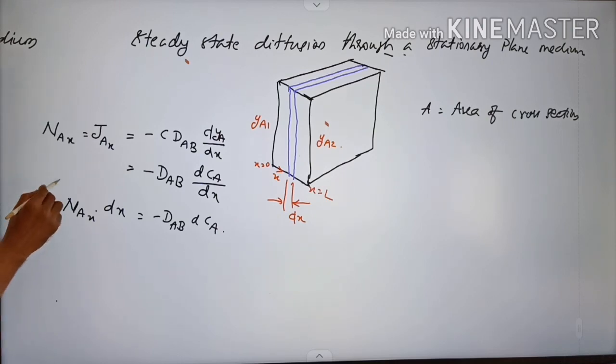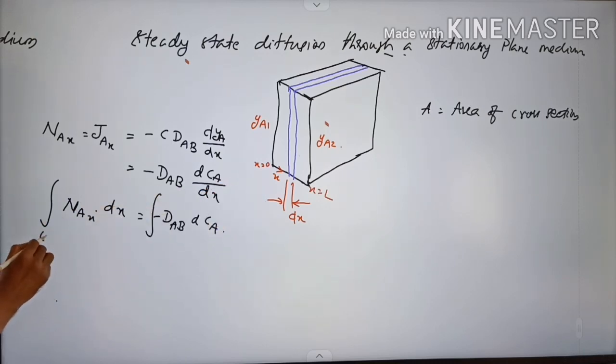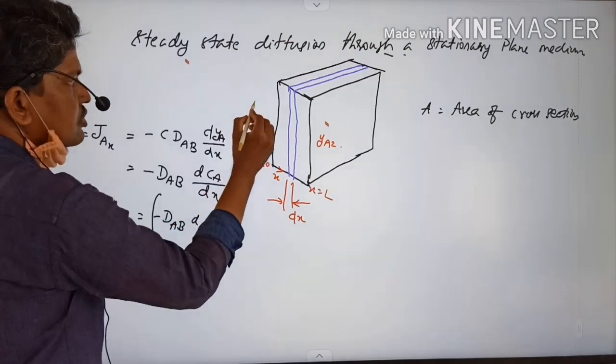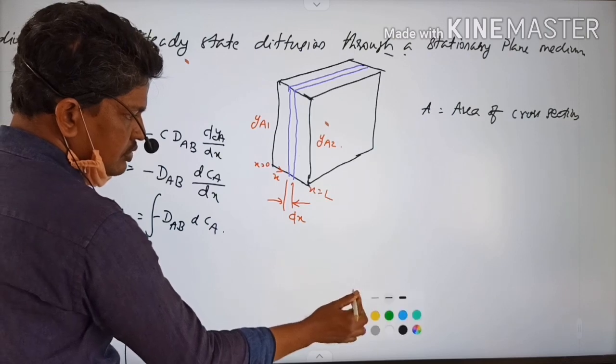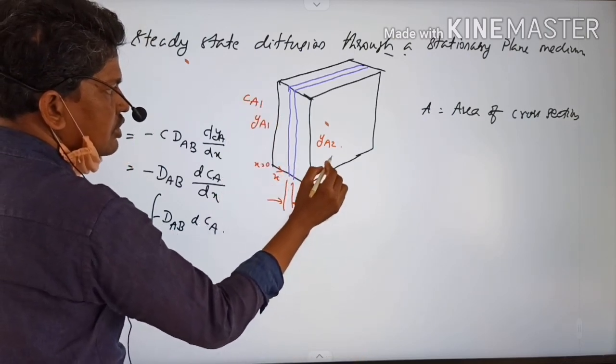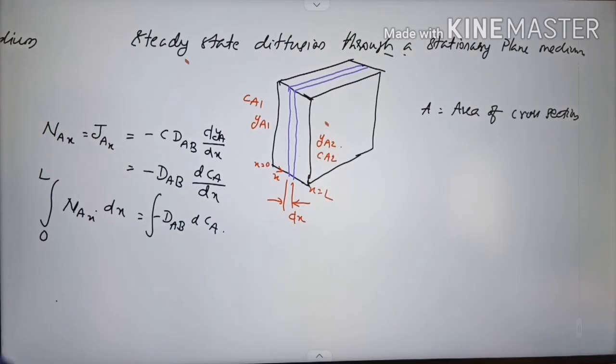If you integrate this, x varies from 0 to L. When x is equal to 0, suppose the concentration is CA1, and when x is equal to L, the concentration is CA2, or the mole fraction is YA1 and YA2.